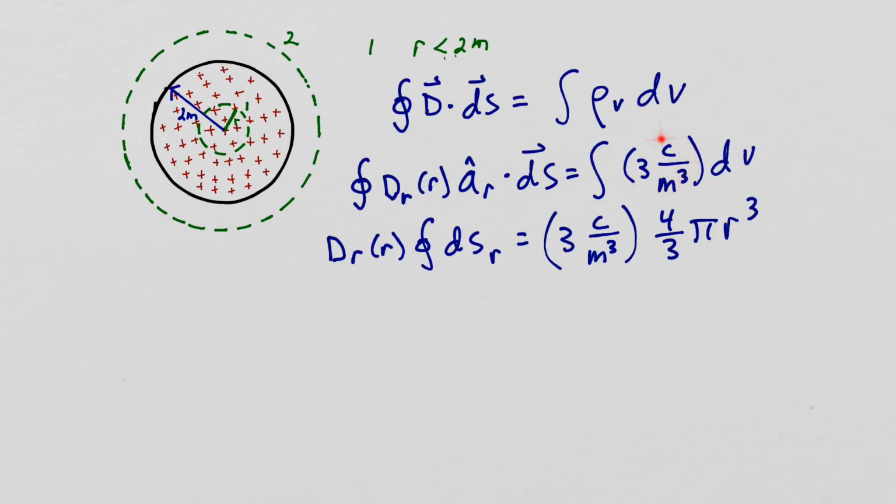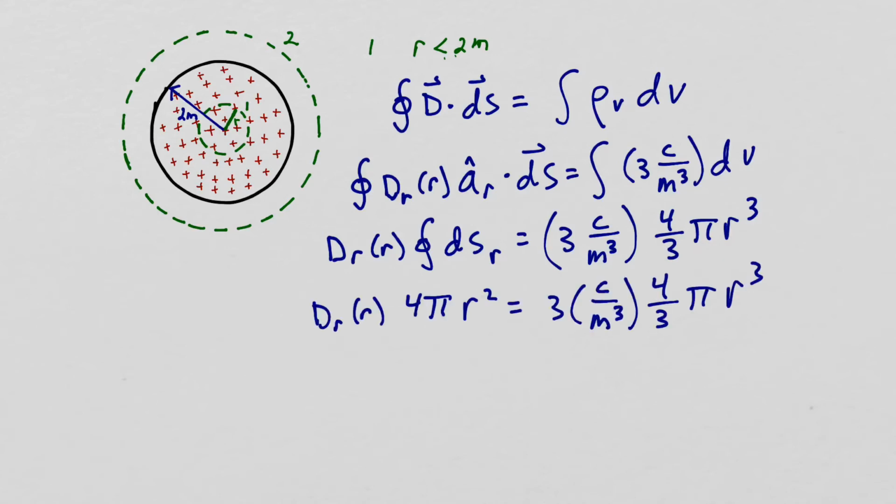Since the charge density is uniform inside our Gaussian surface, it can be moved to the left of the integral, so then we're just integrating dv, which will give us the volume of our Gaussian surface, 4/3 pi r cubed. The integral of ds sub r over the surface of our Gaussian surface is just the surface area of that sphere, which is 4 pi r squared.